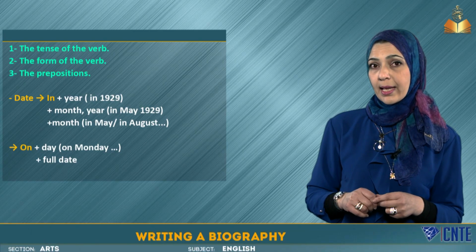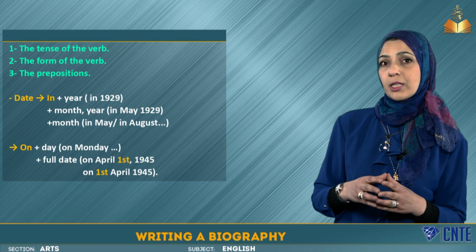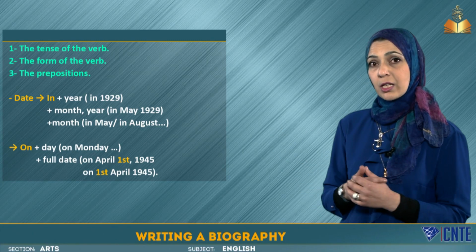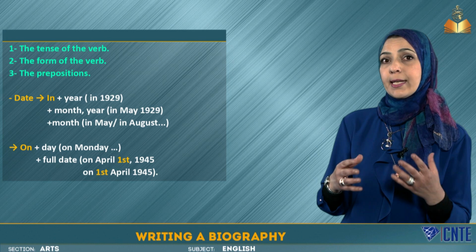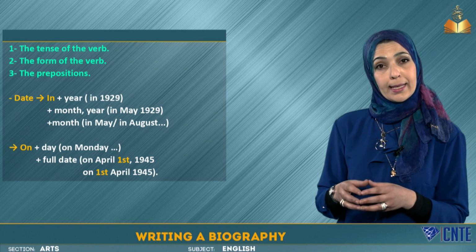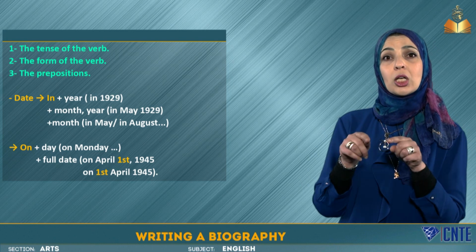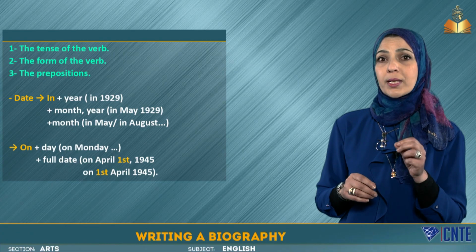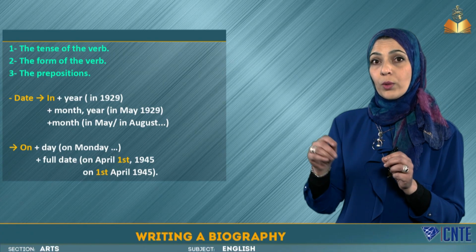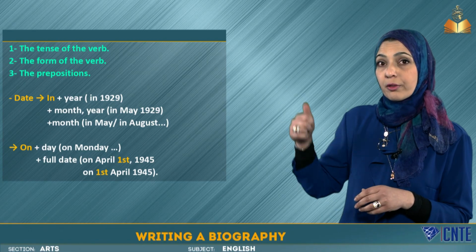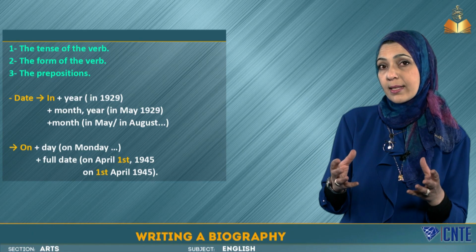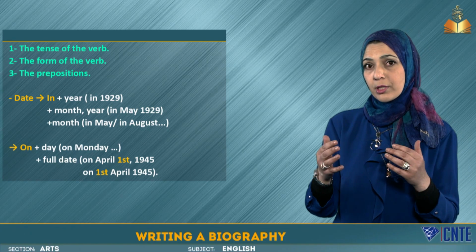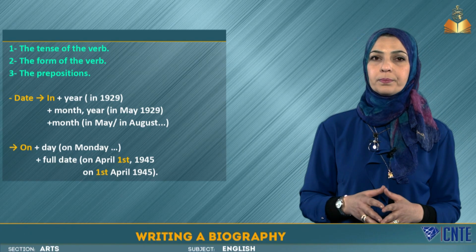For instance, we say on April the 1st, 1945, which is the same as the 1st of April, 1945. In other words, we must write on here because of the presence of the day in the date, which is the first. So the first here indicates the day. And it's not always necessary to say Monday or Tuesday, for instance, to mention the day.